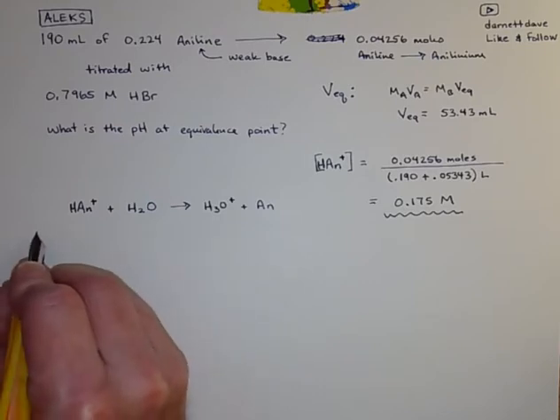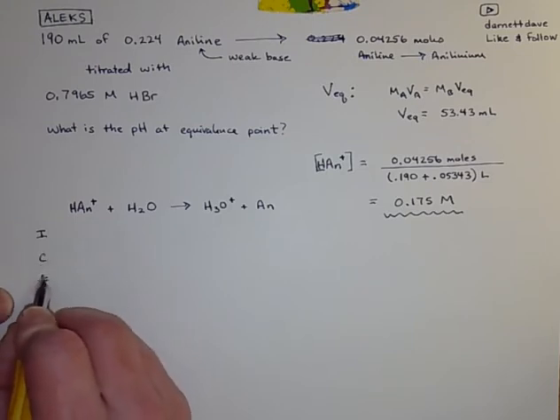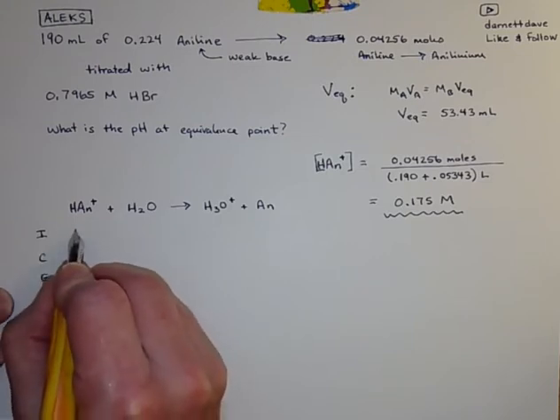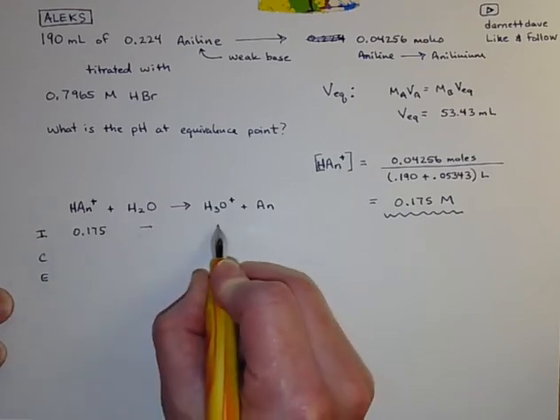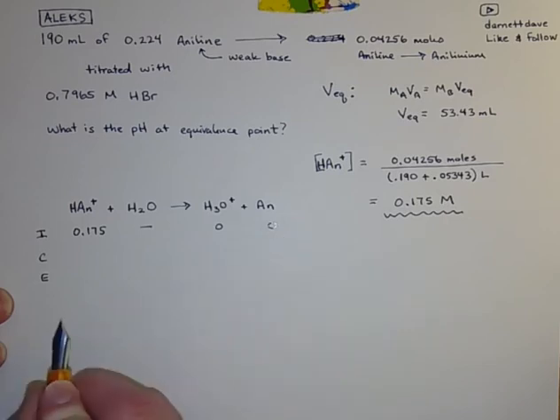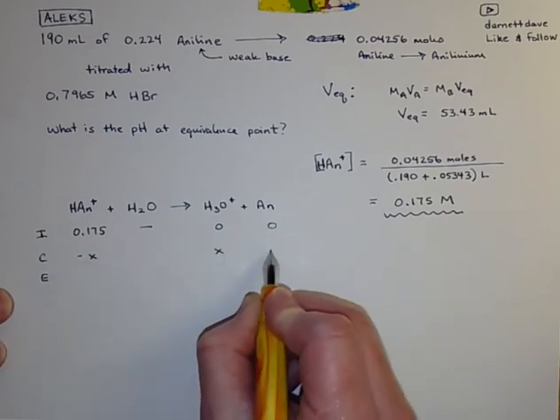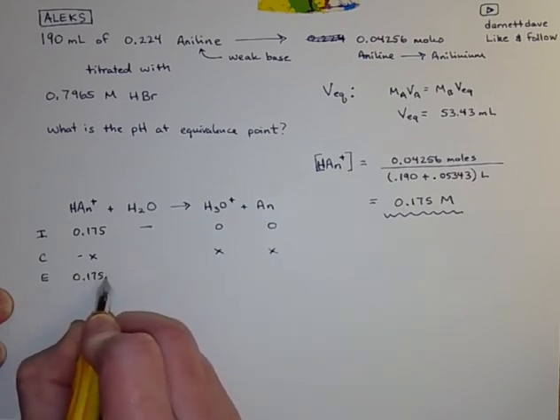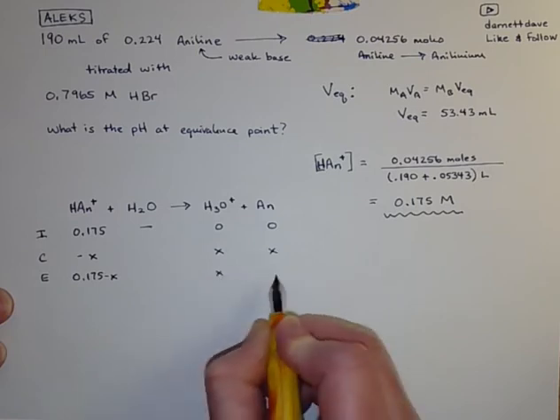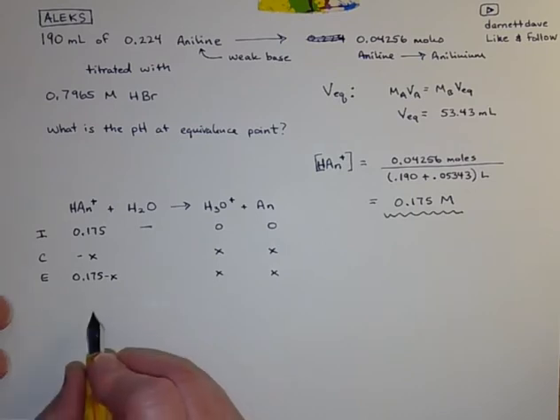Okay. So now we'll do our ICE chart, and we'll start with an initial concentration of 0.175. We don't care about water. We don't have any of the other stuff. And we'll do minus X, plus X, plus X, 0.175 minus X, X, and X. And at this point then we're ready to solve the equilibrium.